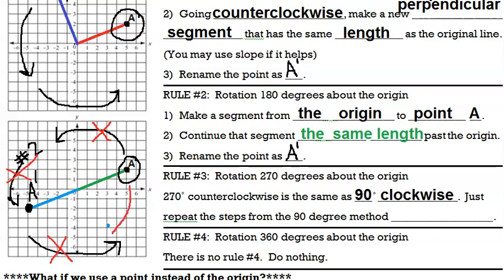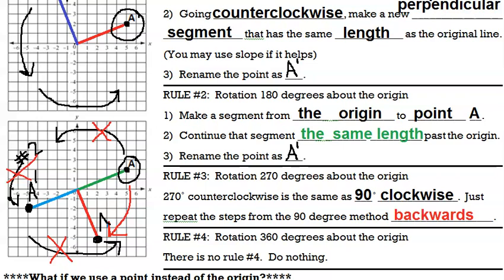All you really have to do is go 90 clockwise and you will get what you need. So you can actually take the same method that we did, but just do it backwards. So that's what we're going to do. We're going to take our original line that we had between the origin and point A, and then we're just going to swing that line over, and that will get me my new A prime.